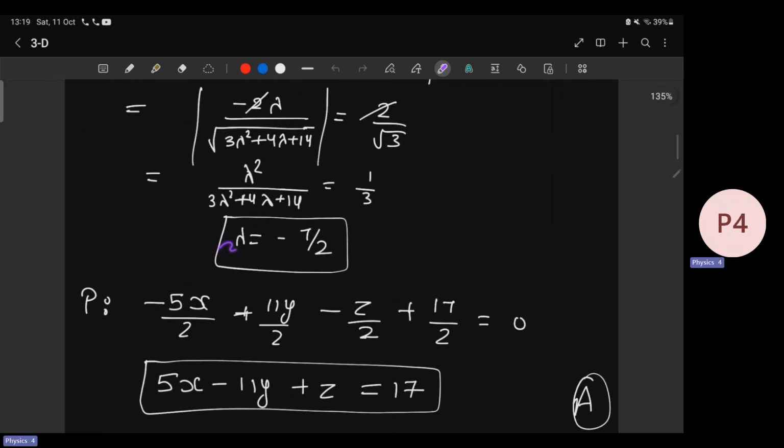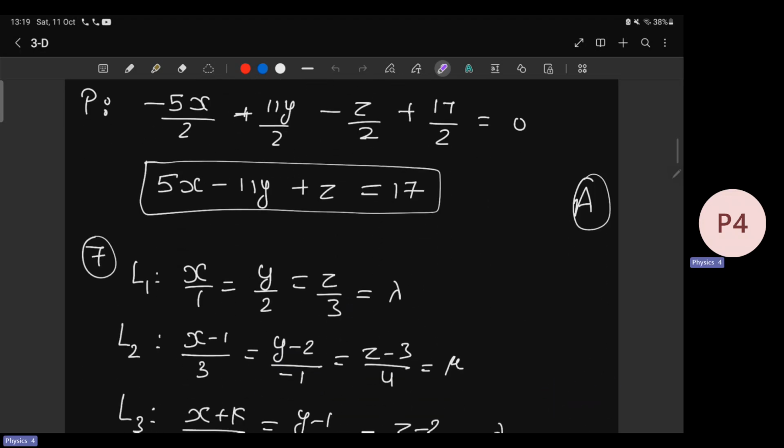So we just put the lambda and we get the equation minus 5x by 2 plus 11y by 2 minus 7 by 2 plus 17 by 2 equals 0. We can rewrite this in the desired format, that is 5x minus 11y plus z equals 17, and it matches with option A.